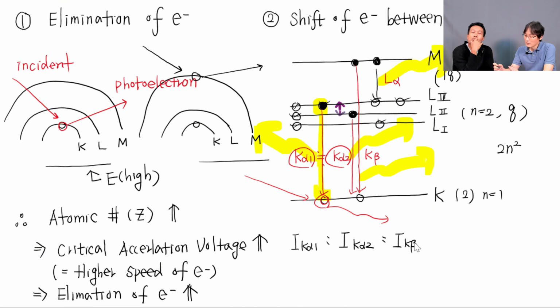But here I don't want to write down L alpha. It's so small, almost negligible. The ratio for this one is 100, and then there should be 50. So we know K beta should be much smaller than this one.